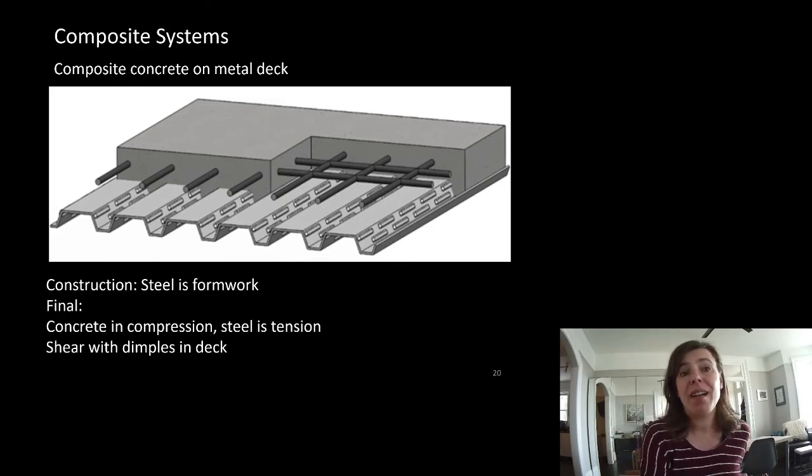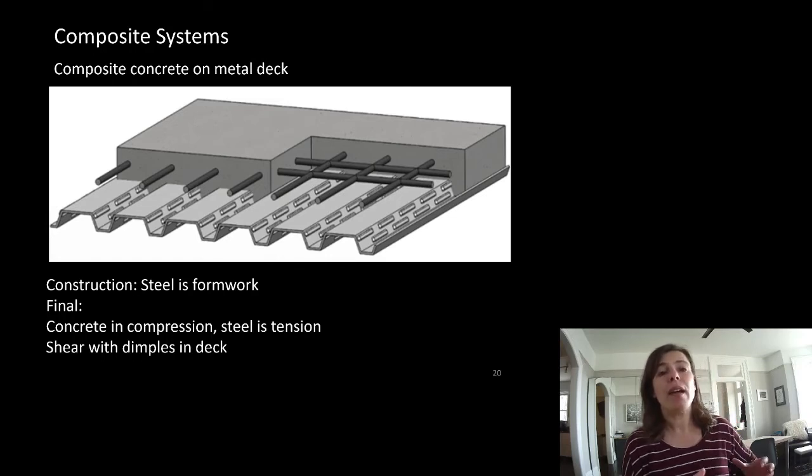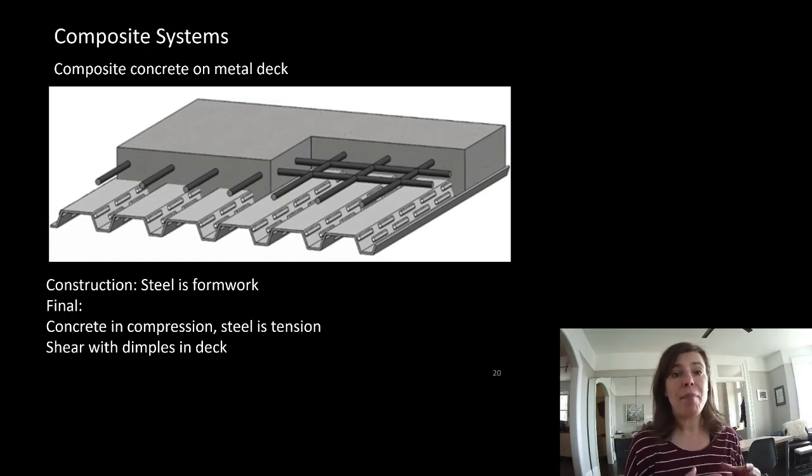If you had a column and you were worried about buckling and you had two separate materials, they would each want to buckle easily. Now, I know I said we're not going to talk about composite action in combination with buckling, but if we made it composite, we have a better stiffness of the overall system.